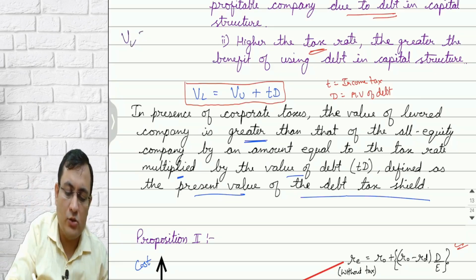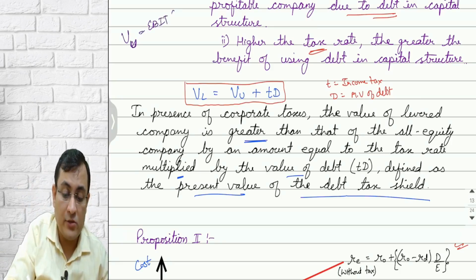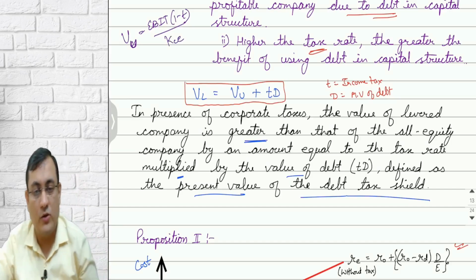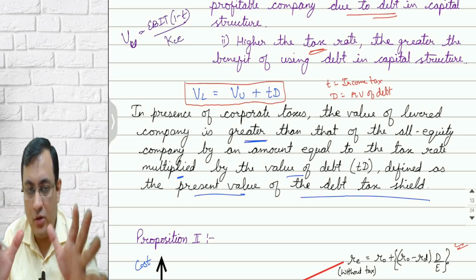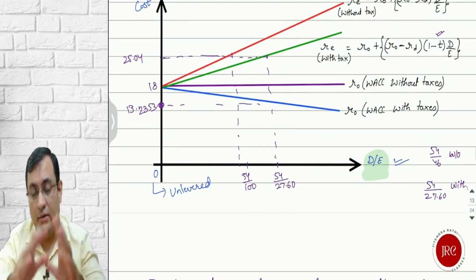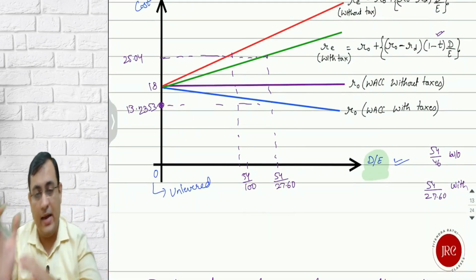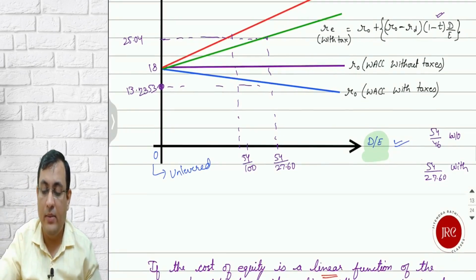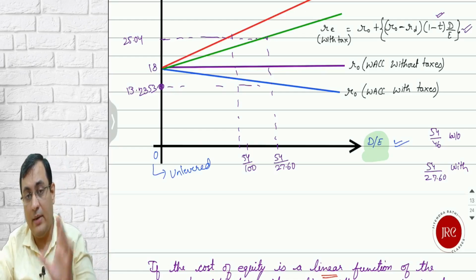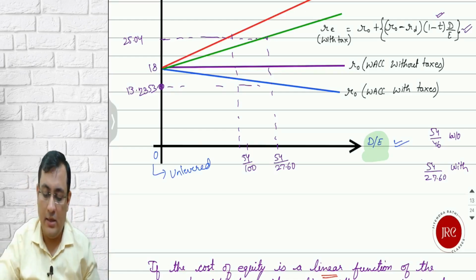VU is equal to your EBIT multiplied by 1 minus tax, because now you are paying tax, and this becomes equity earning, divided by your KE, your cost of equity. So first calculate VU and then calculate VL, and then use these numbers to calculate value of equity, value of debt, and cost of equity, where cost of equity is equal to RO plus RO minus RD multiplied by 1 minus T into D upon E.